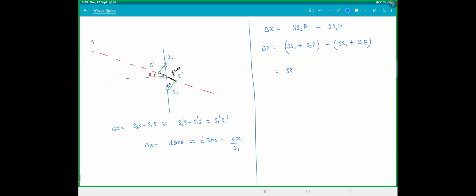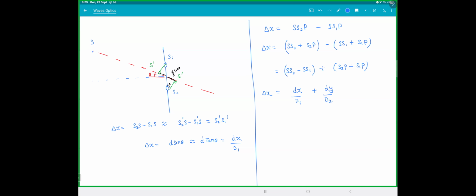This is nothing but SS2 minus SS1 plus S2P minus S1P. This is nothing but dx by d1 on the left-hand side. This is nothing but dy by d2 on the right-hand side. Make sense?